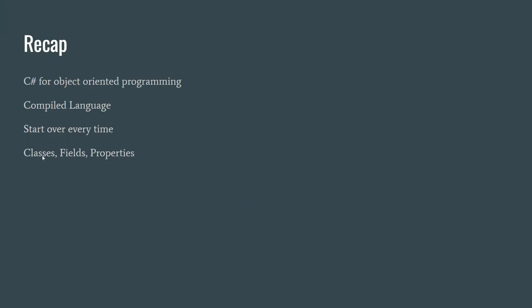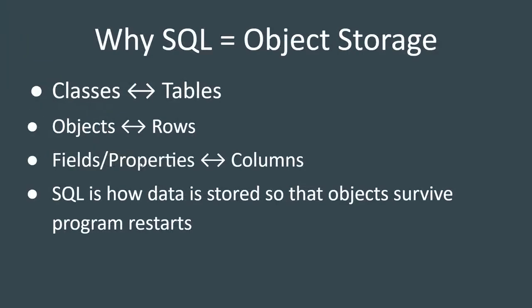And then we also cover data structures such as classes, fields, and properties. So there's a lot of similarities between SQL and what you learned so far in C sharp. Typically, every class that you have in C sharp, you would duplicate as a table in SQL in your database.